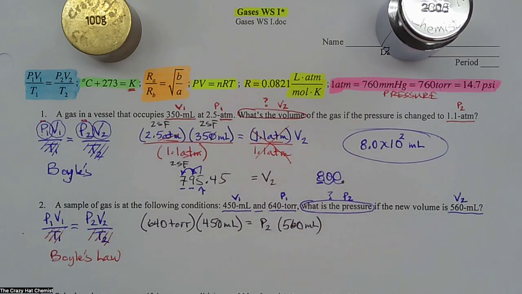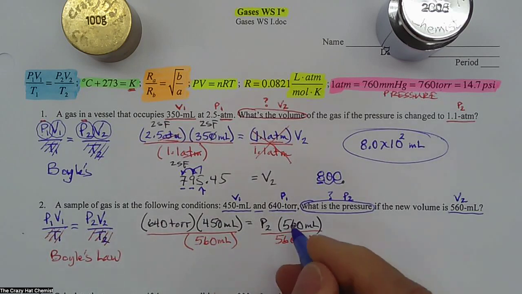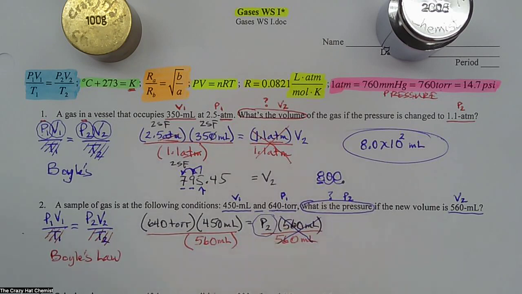Now we're going to solve this for pressure 2. So we're going to isolate this. We have to divide both sides by 560 milliliters. The 560 milliliters cancels out, and I'm left with pressure 2.